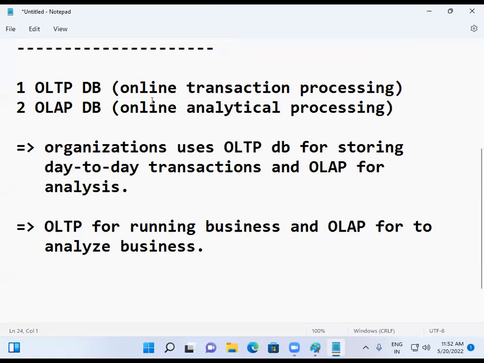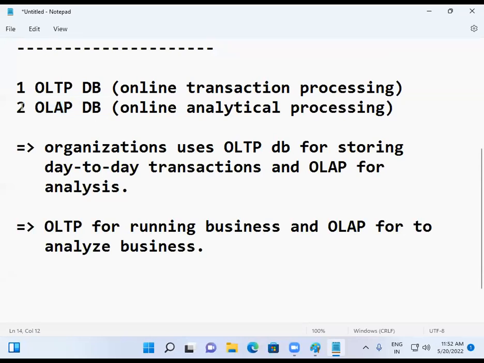So OLTP stores only current, present data. But OLAP stores historical data, the last 5 years, last 10 years of data.